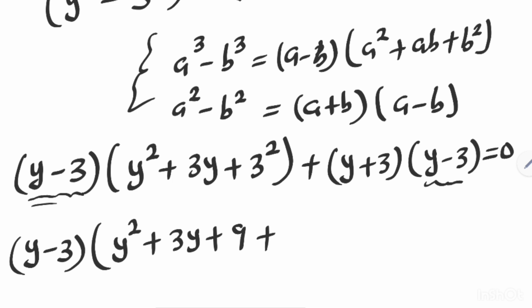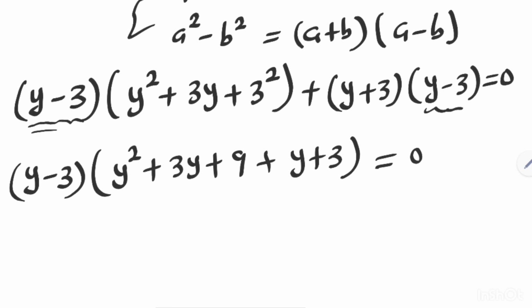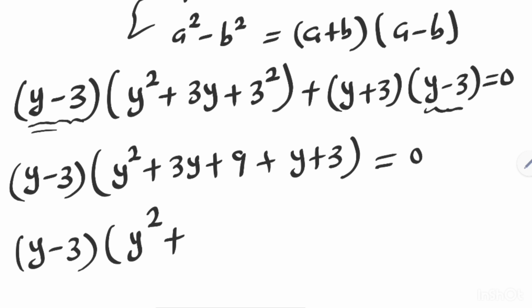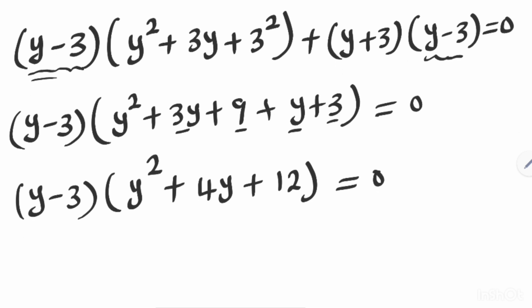Then plus, dividing the other term by y minus 3, we have y plus 3, close the bracket, is equal to 0. This is y minus 3 bracket y squared plus 3y plus y, that is 4y, plus 9 plus 3, that is 12, is equal to 0. There are two cases here.